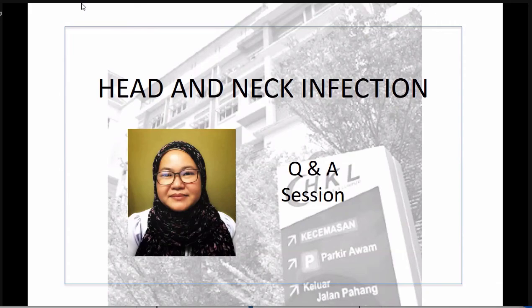So what you will see is basically just an ill-defined area of hypodensity with fluid within the spaces. You can see the muscles swollen and hypodense, but you don't see a proper rim enhancing lesion or an enhancing lesion within. We have also seen some cases where we see phlegmon and fluid tracking in the danger space, or sometimes in the retropharyngeal space, even though there is no rim enhancement or no proper boundary.